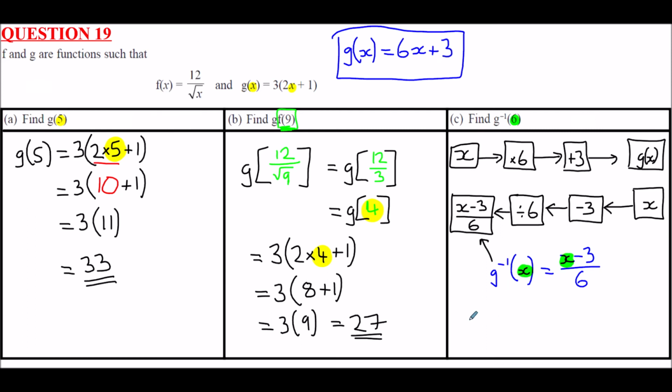So therefore, using this formula, g minus 1 of 6 is going to be 6 minus 3 over 6. 6 take away 3 is 3. 3 divided by 6 is 1/2, or 0.5 if you really want to. Therefore, g minus 1 of 6 is a half, just as we've done there. So part A, 33, part B, 27, part C, we've got 1/2.